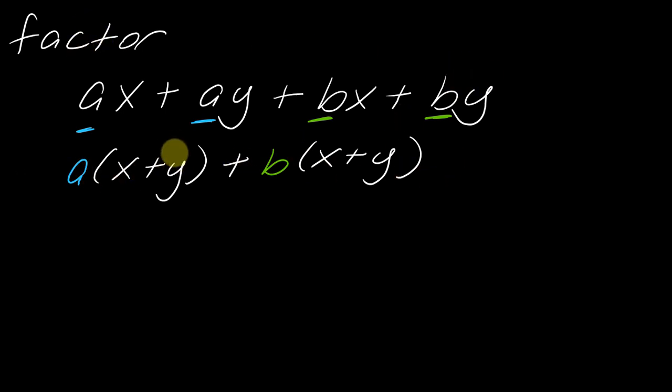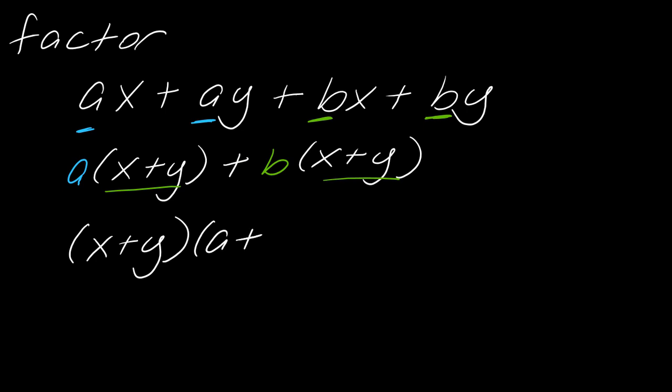Check this out. I effectively now have this is a term and this is a term. And what is the GCF of this thing? The x and the y, right? So this x plus y and this x plus y, I can factor that out. If I factor out x plus y, what am I left with? I'm just left with the a plus the b.